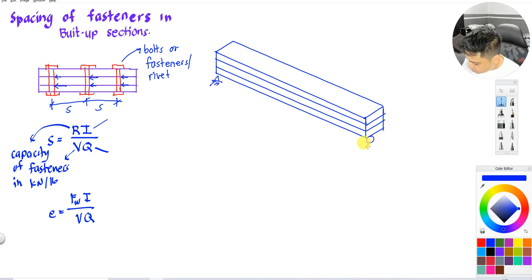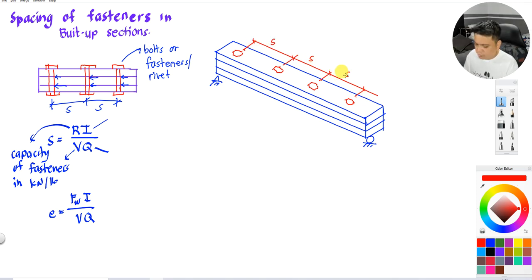So let's say simply supported ka. And then nandito yung mga bolts mo. Okay? So you have there your bolts. So itong mga to, iyan yung kino-compute nating spacings. Okay? So, syempre, dapat may mag-hold sa kanya. So, yan yung ating spacings. Yan yung kino-compute natin.